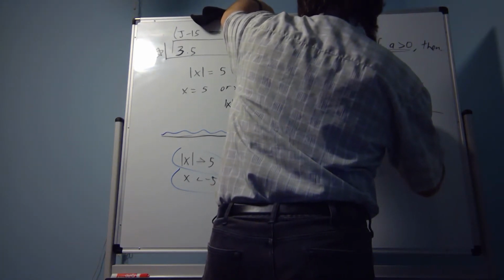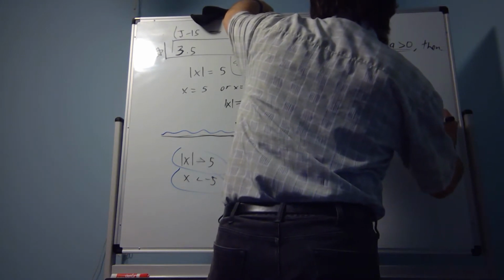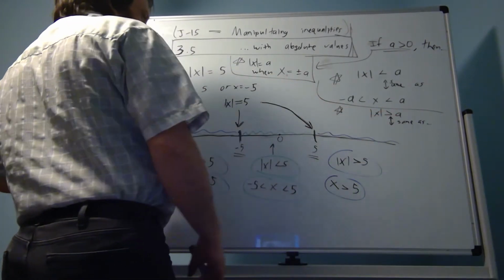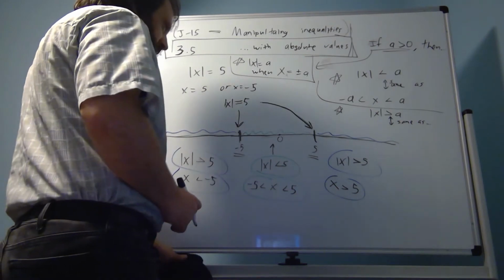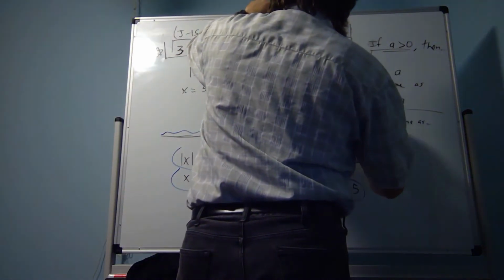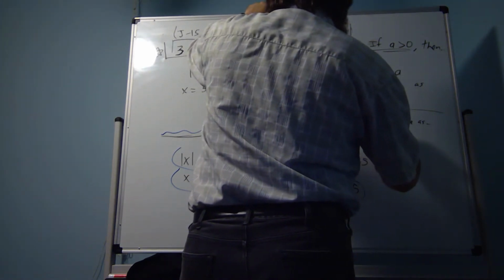So the absolute value of x being large is not a single interval around the origin, it's the extreme opposite of that. The absolute value of x greater than 5 means there's two ways for that to happen.